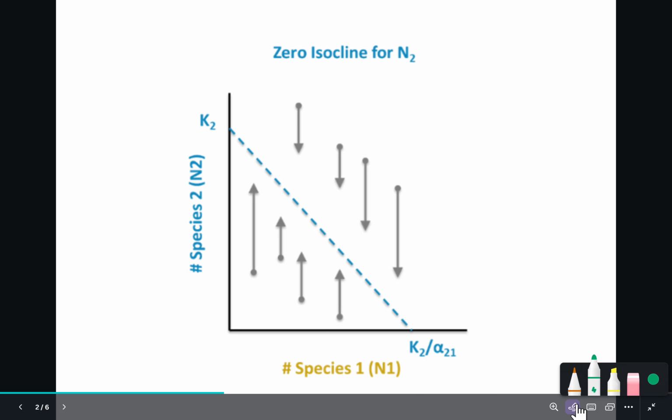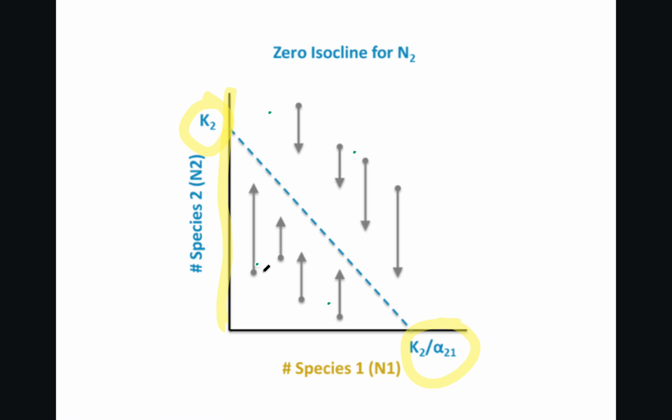And so when we're looking at species 2, which is represented on the y-axis over here, we go from carrying capacity to the effect of competition, and we have points on the graph like that.